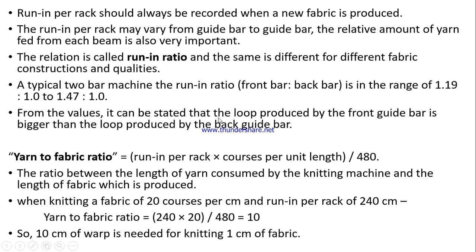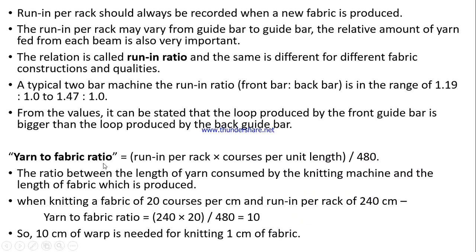The loop produced in the front guide bar is bigger because the value 1.19 is bigger than 1. In the back guide bar, the run-in ratio is 1, which is lower in comparison to 1.19. So the front guide bar here is producing a bigger loop than the back guide bar.